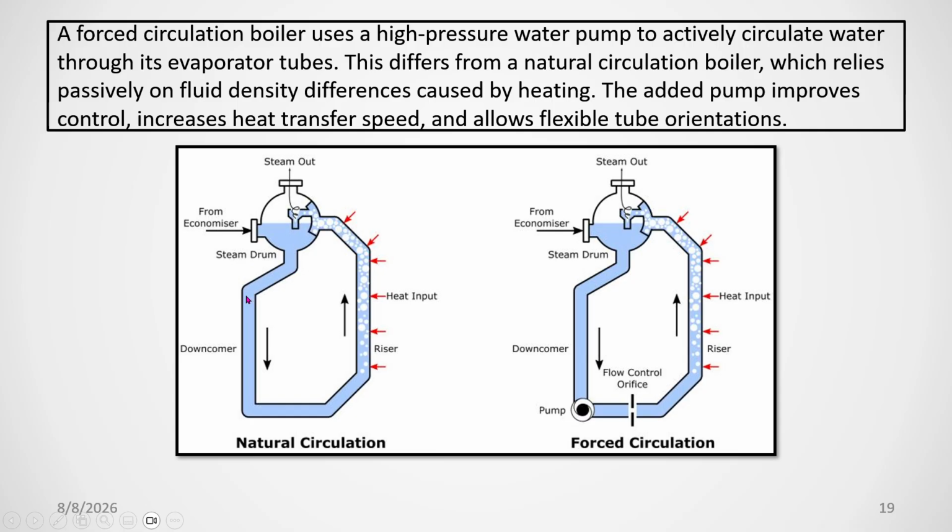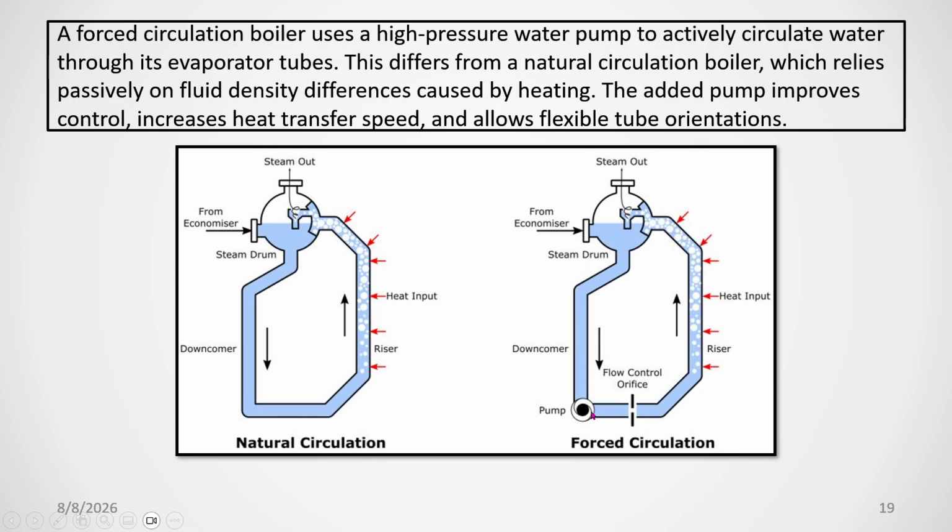You see, from the economizer, the boiler feed pump will send water to the drum. From the drum, the downcomer goes to the furnace, and the furnace will heat the water, and water and steam go to the drum. Due to density difference, the circulation will take place automatically. That is called natural circulation.